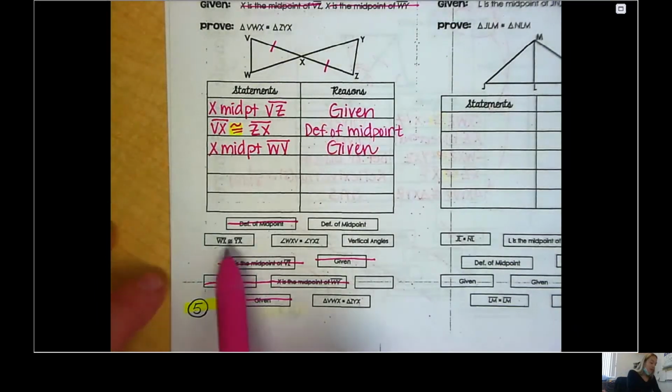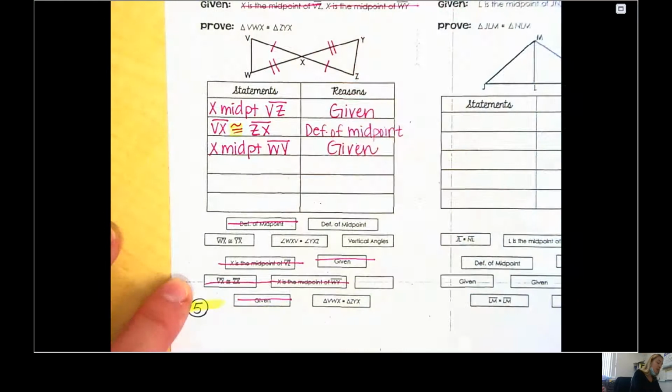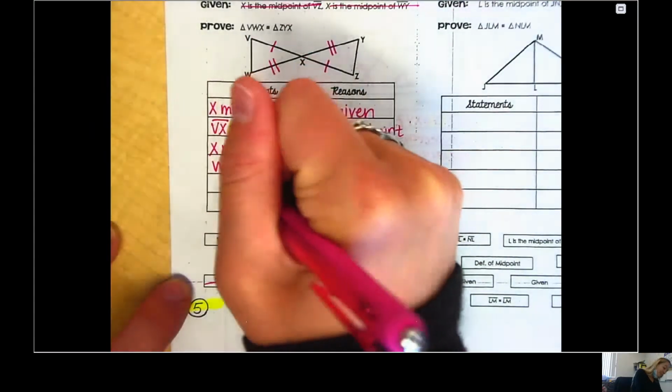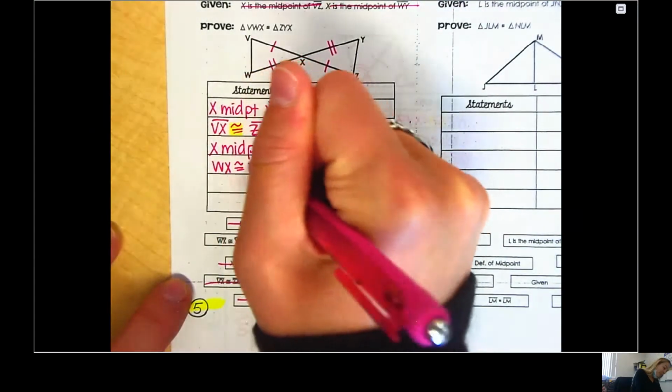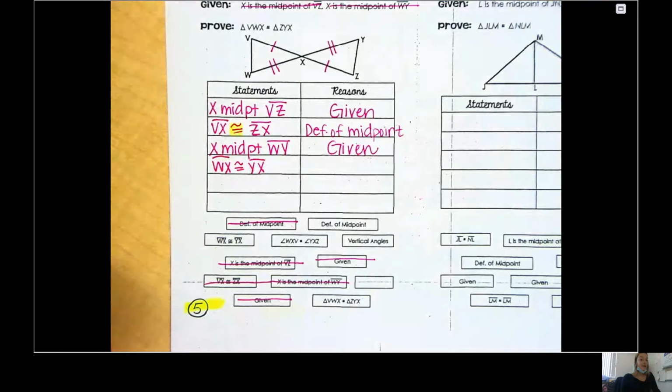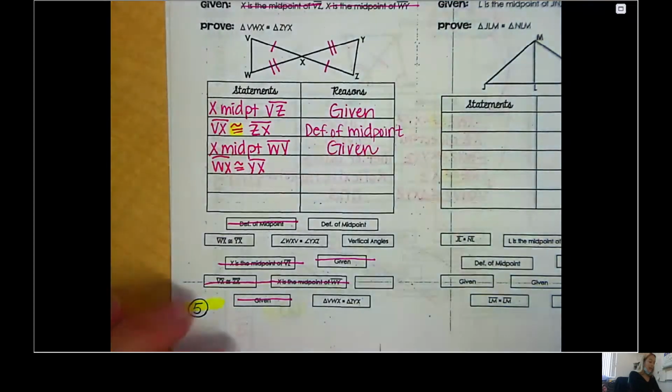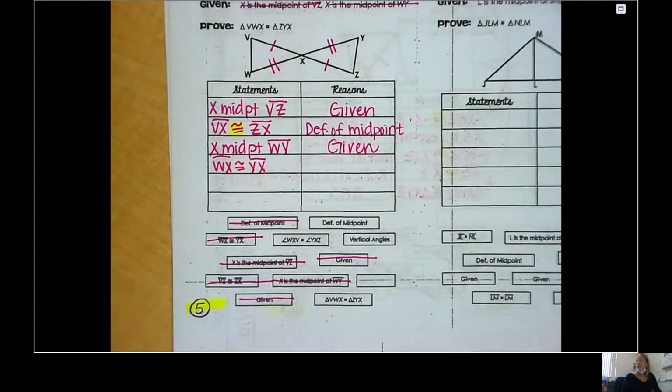Yeah. WX is congruent to YX because it's the only other one that has segments WX and YX over here. And again, what gave that away? What word gave that away? Definition of midpoint. So you're noticing it's like the same thing over and over again? It's super a pattern here.